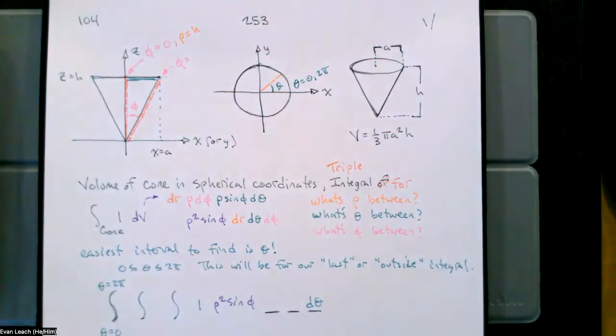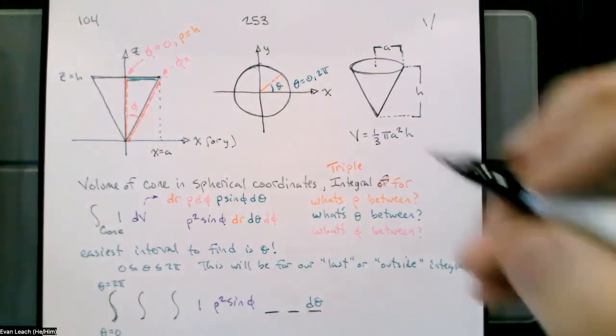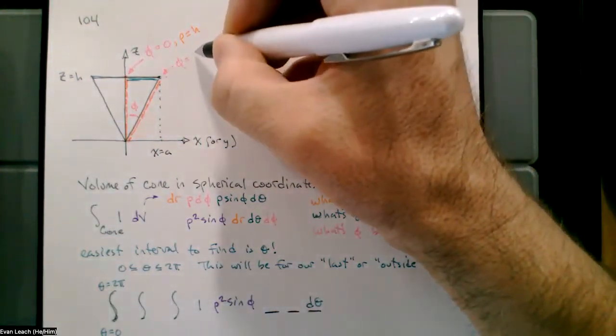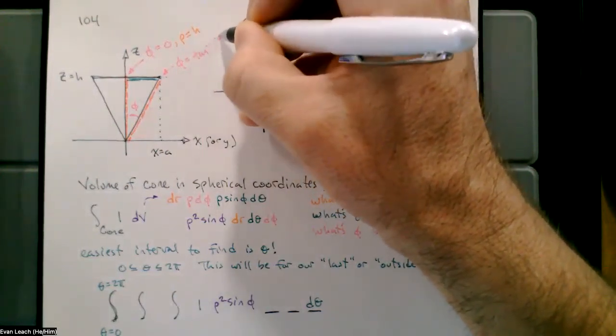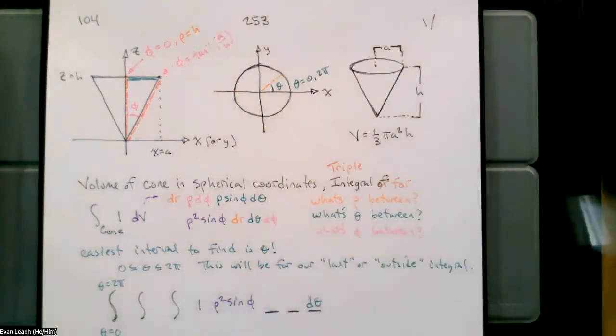So we'll just do tangent inverse. Tangent is opposite over adjacent, right? So tangent of phi is a over h. So phi is tangent inverse of a over h.